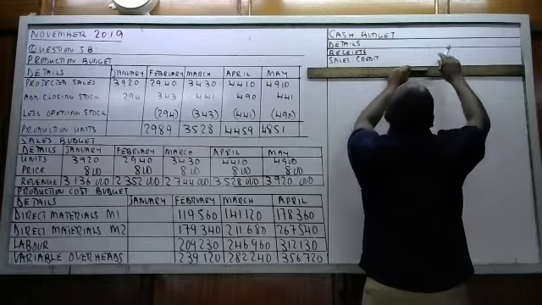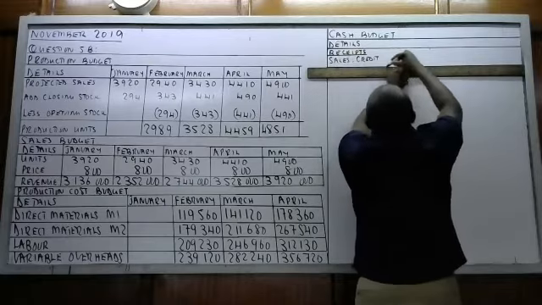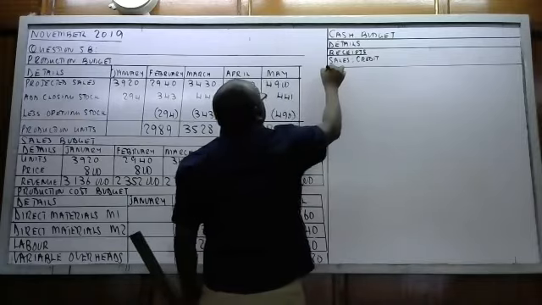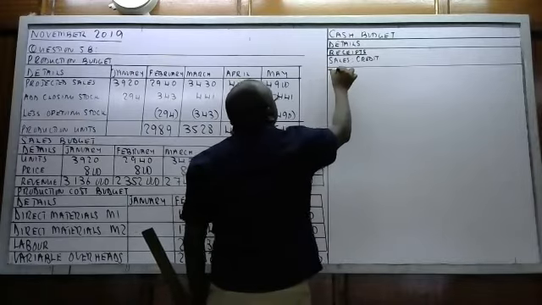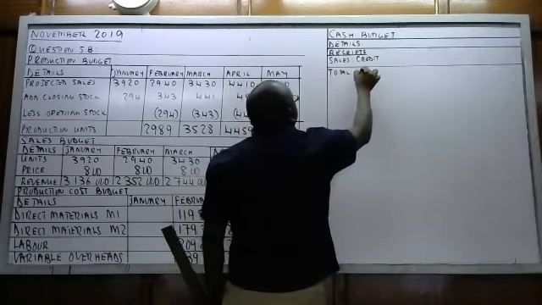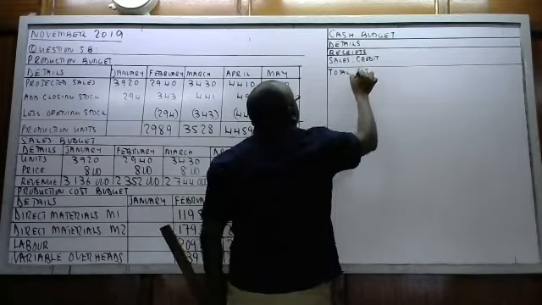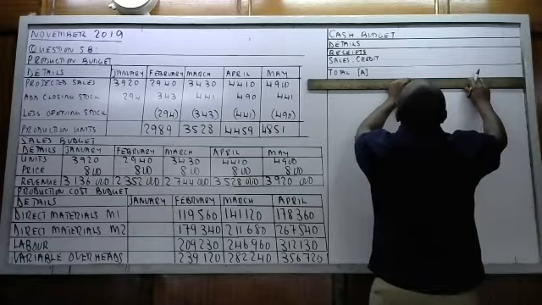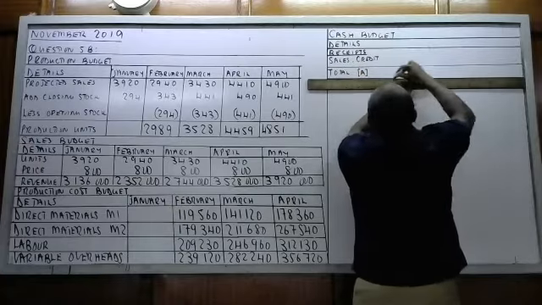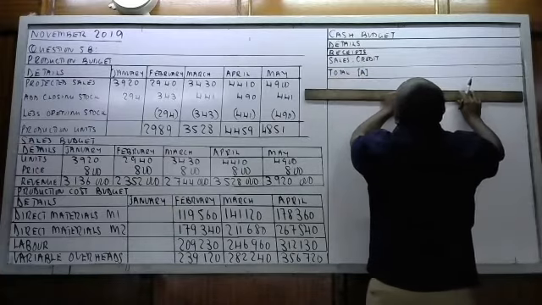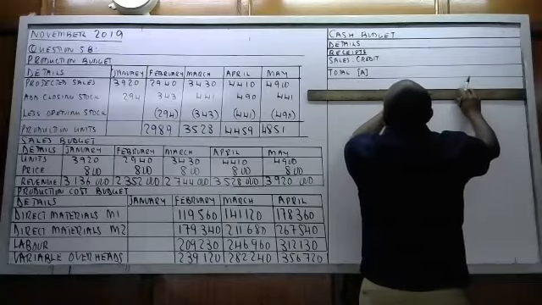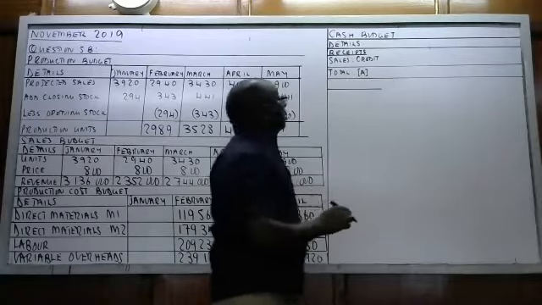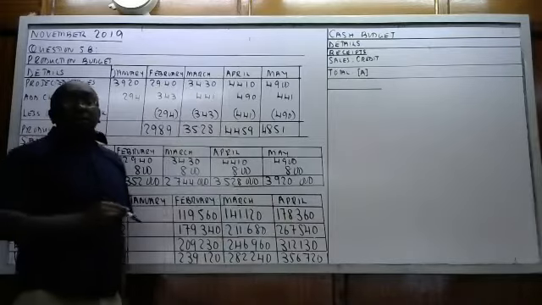So now we close this off and call it total receipts, or you just call it total, and you designate it A. So that is the part of the inflows. There was just one.